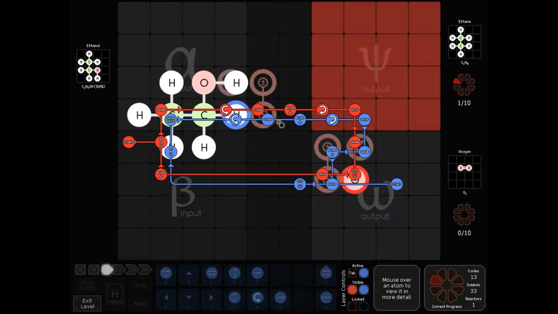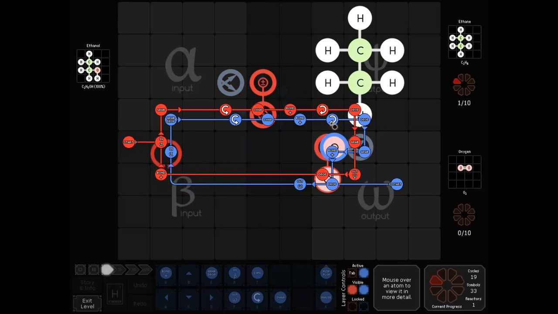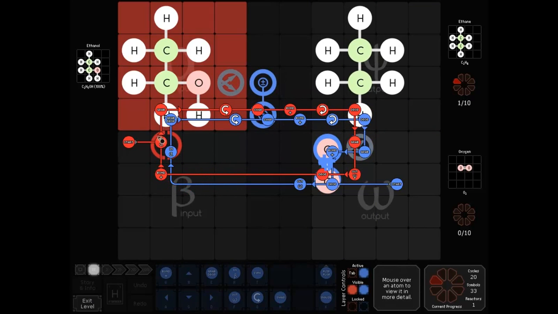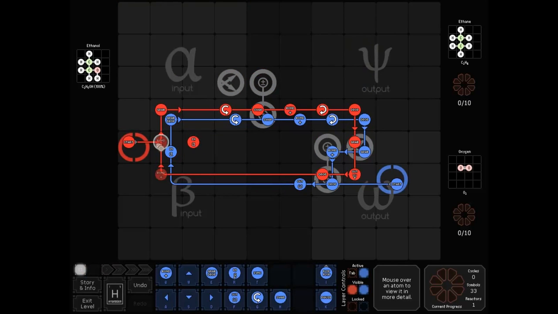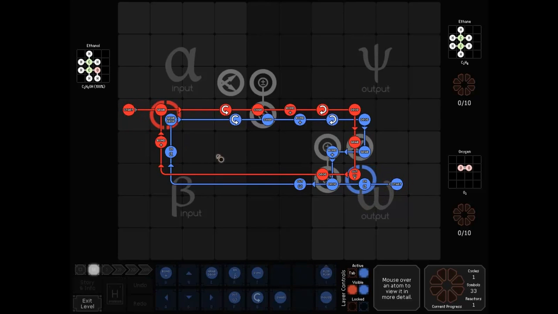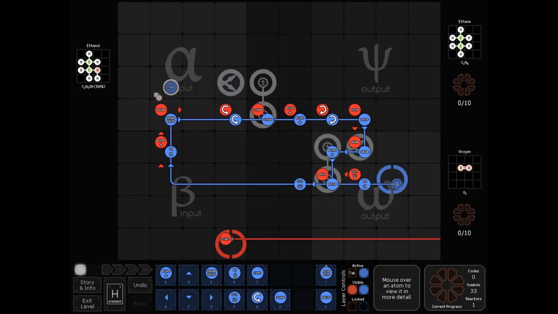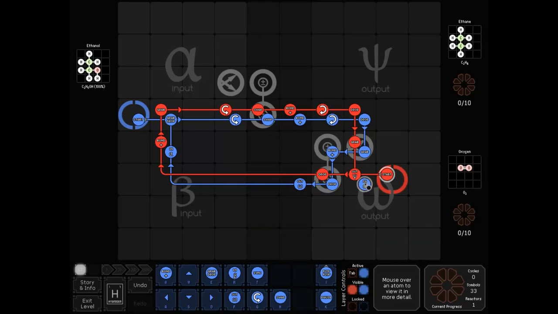So let's see how blue does. Doing the same thing. So it needs the bond here. I can solve that problem by having some things go off track. That way, it actually saves a cycle too, but oh, it's blue, okay. So we need blue to actually start, and red to go.